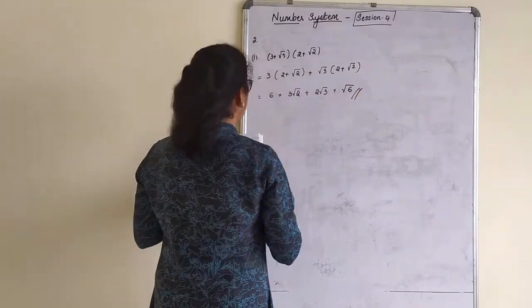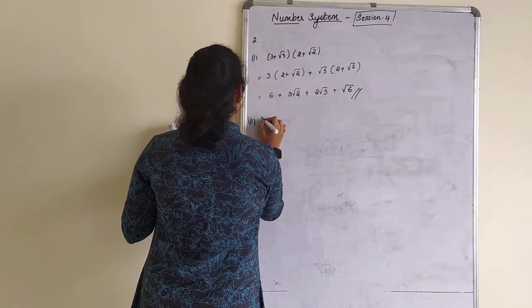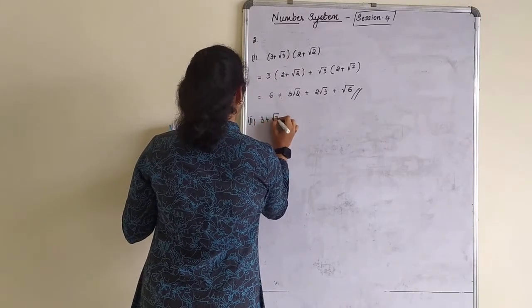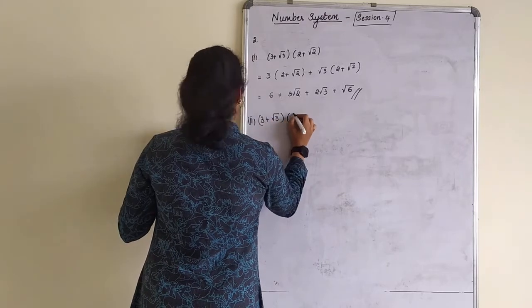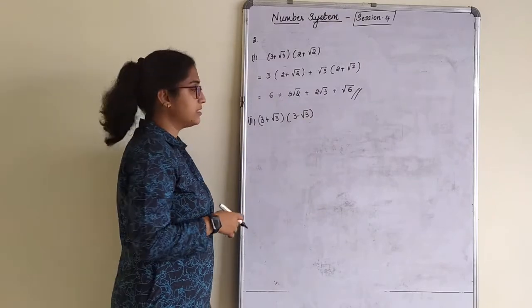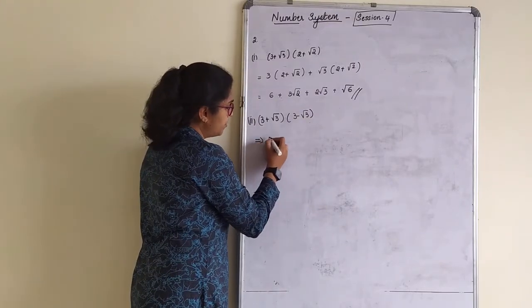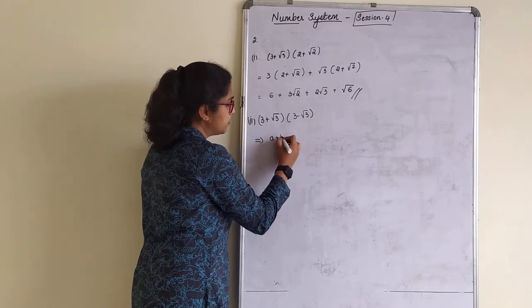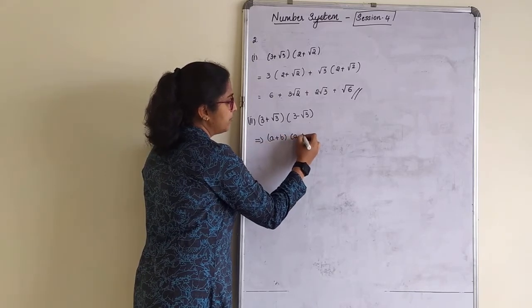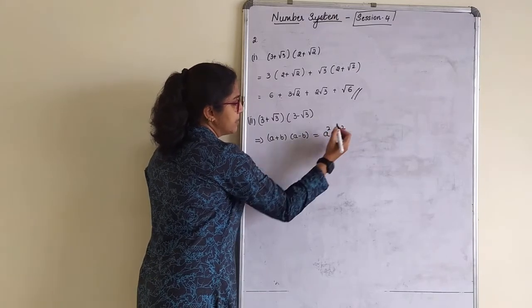Next one. 3 plus root 3, 3 minus root 3. Which form is it? Polynomials, if you can recall, this is of the form, if you want you can write a plus b, a minus b, which is nothing but a square minus b square.